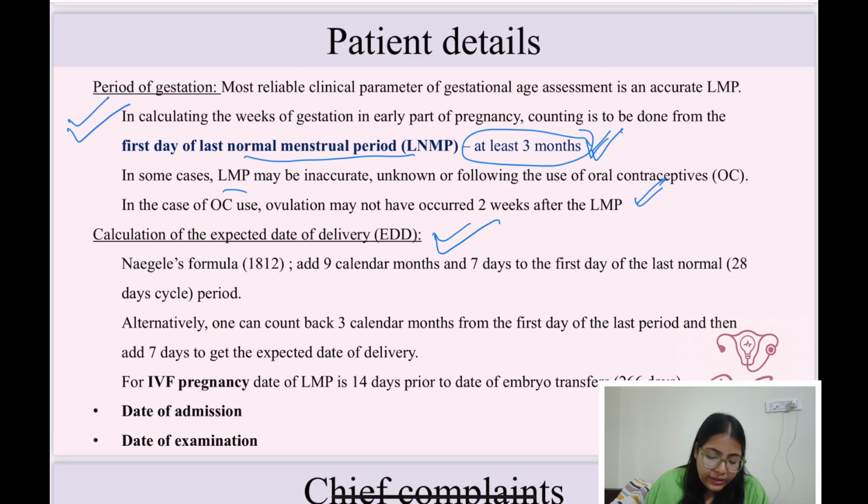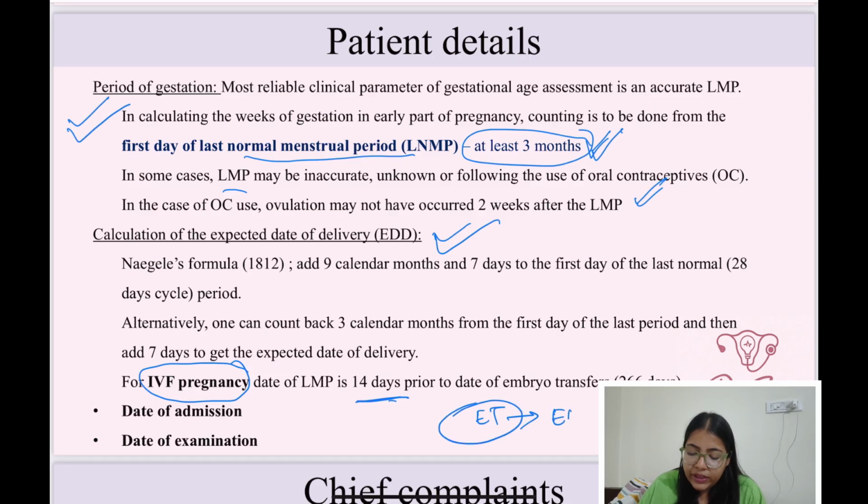And in case of IVF pregnancy, we add 14 days, meaning 2 weeks, to the date of embryo transfer. We take the date of embryo transfer, calculate the EDD from there, and add 2 weeks to the EDD, which gives us the actual one. Okay.